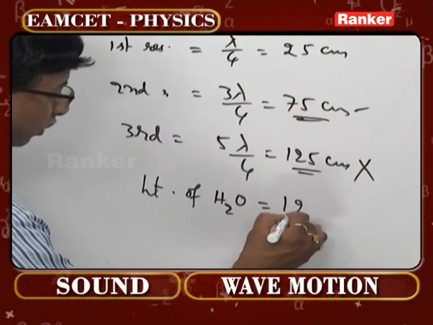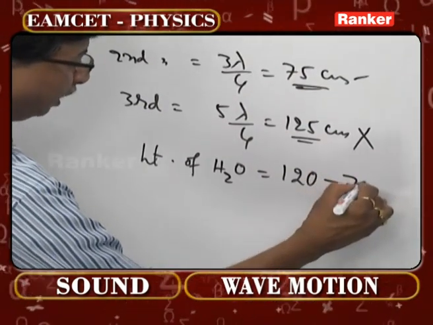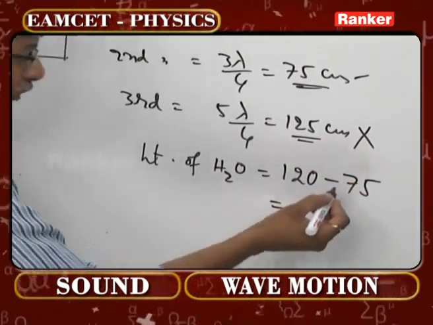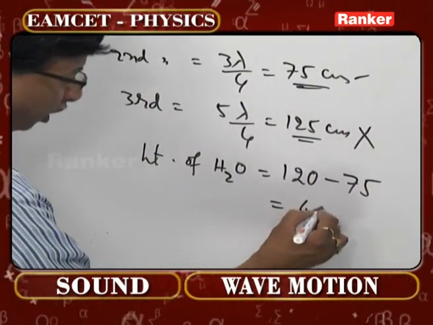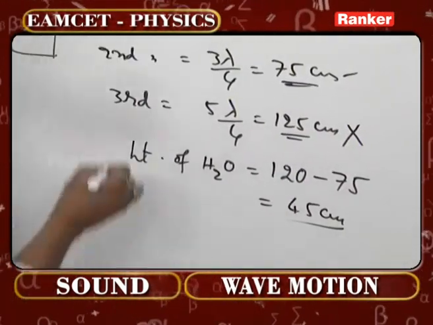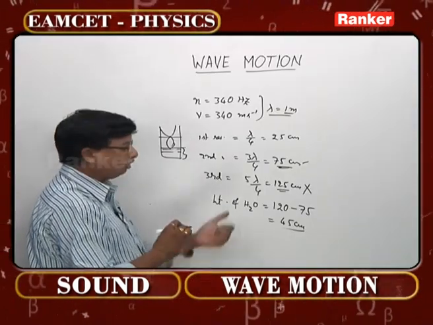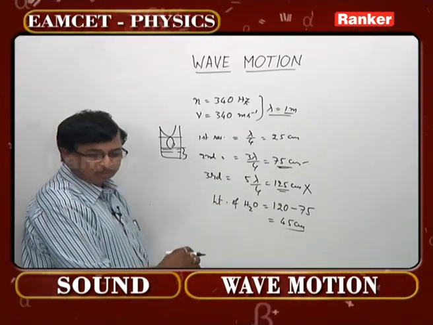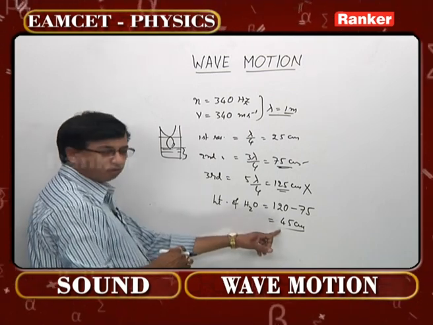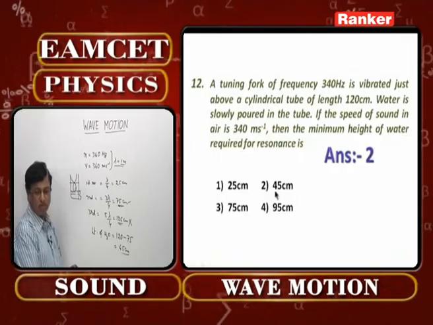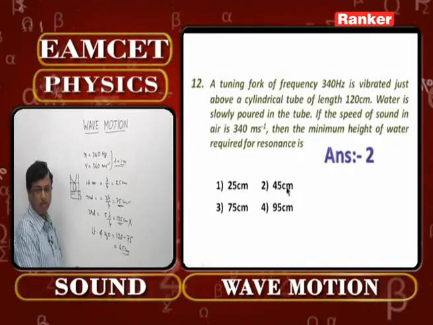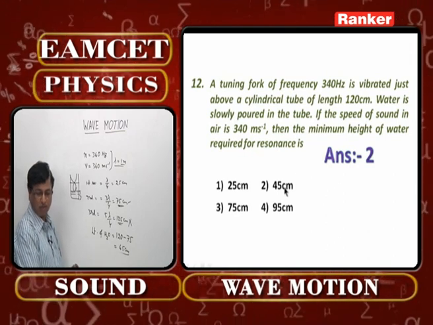Total length is 120 minus 75. Whatever value you are getting here, that is 45 centimeter, must be the minimum height of water at which the resonance is going to be possible. Which means the second option is going to be true for this question number 12. 45 centimeter is the minimum height.